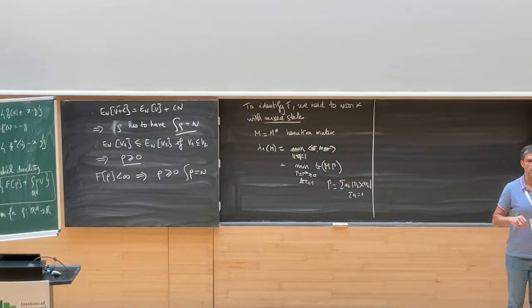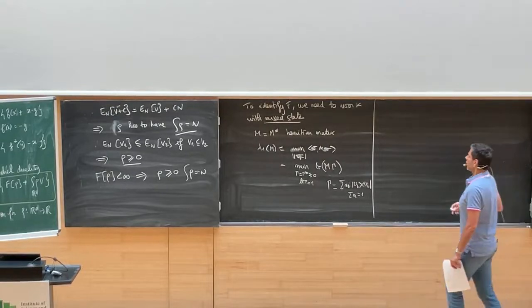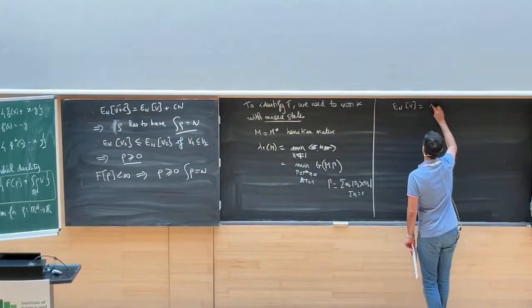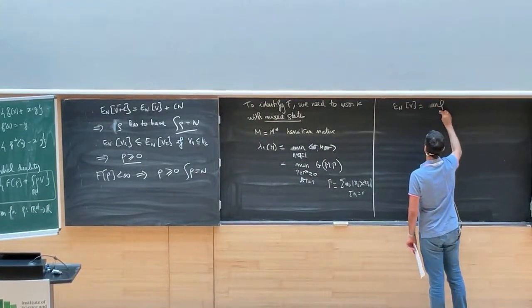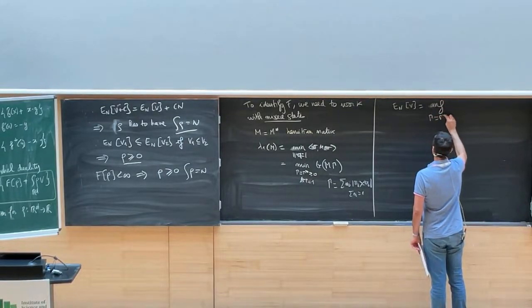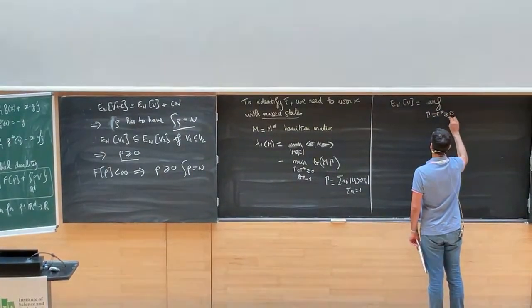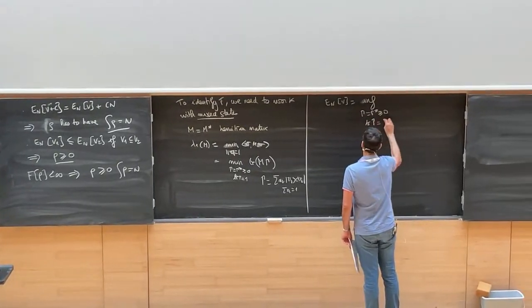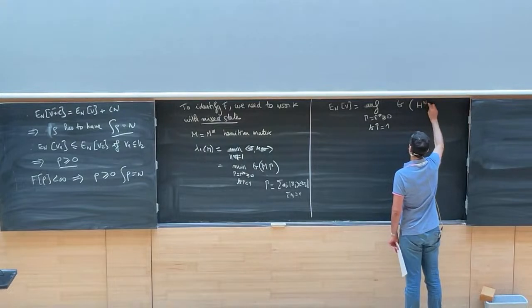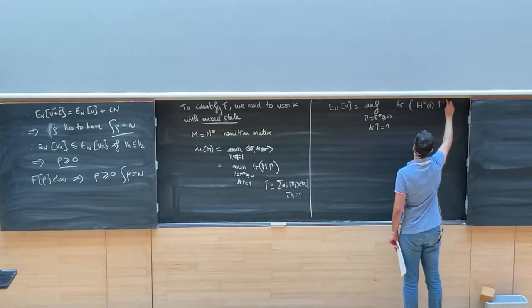We will be in infinite dimension, but no worries. So we conclude that E_N(V) can also be written as the infimum over gamma, self-adjoint, non-negative, trace 1, of the trace of H_N(V) gamma.